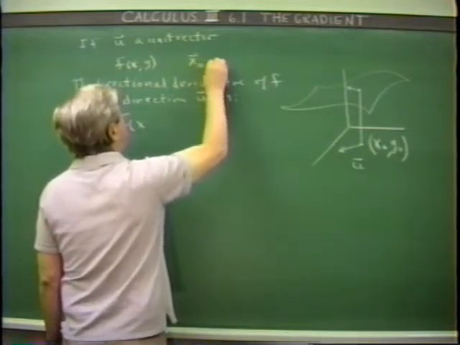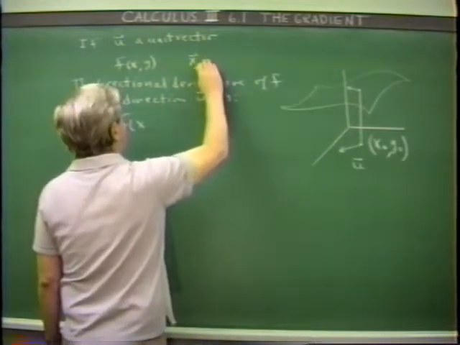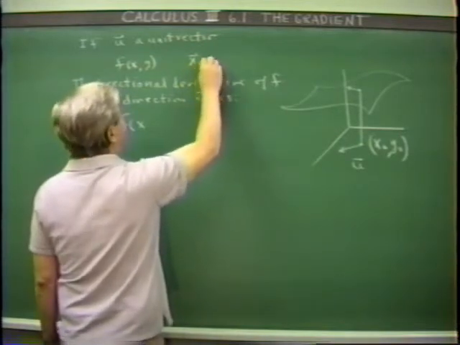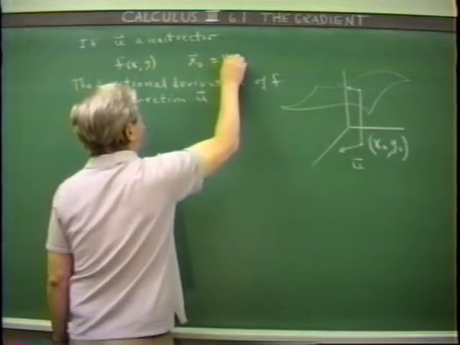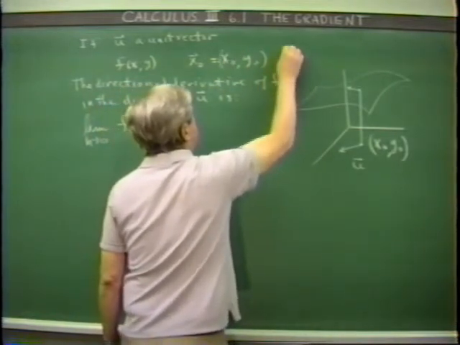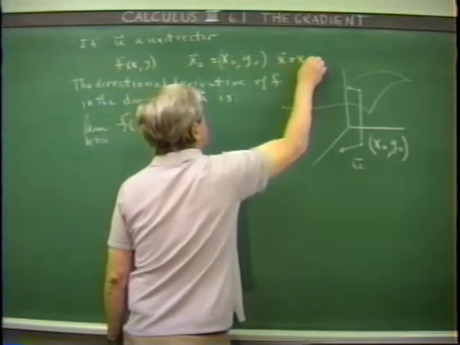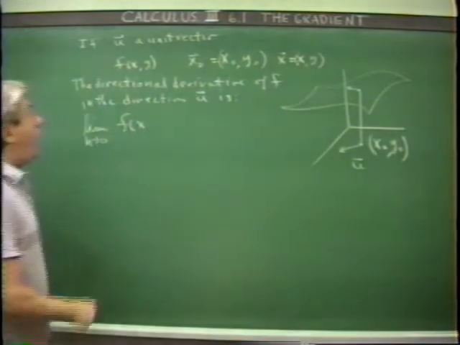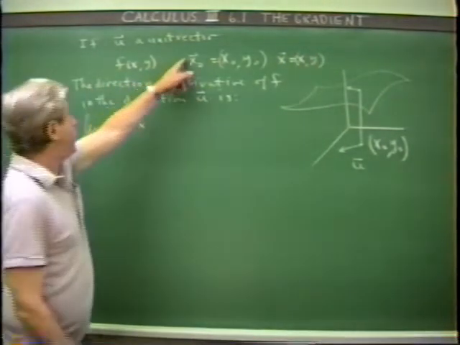In fact, I'll use x naught here for the vector x naught, y naught, and in general here, x for a point x, y with the vector notation above it.